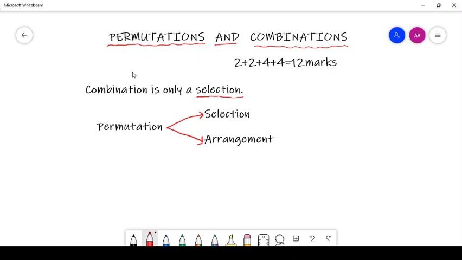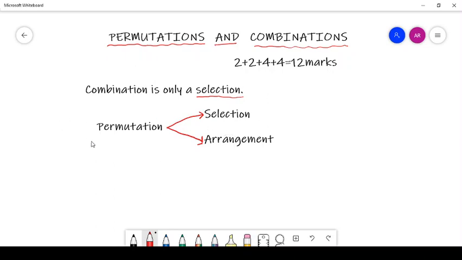Now, combination. Combination is only a selection. But in permutation, we have selection and arrangement. Permutation involves 2 steps.